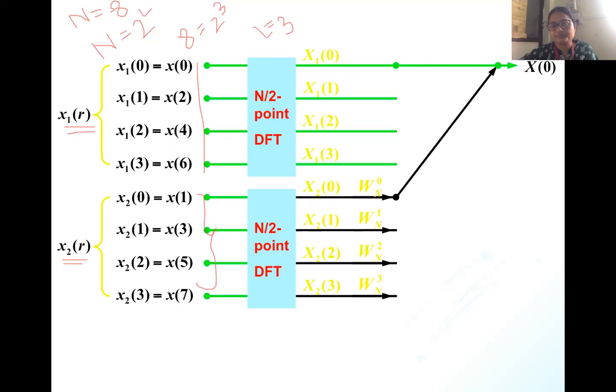So we'll see that. This is now x1 of N multiplied by W raised to 0 suffix 8.